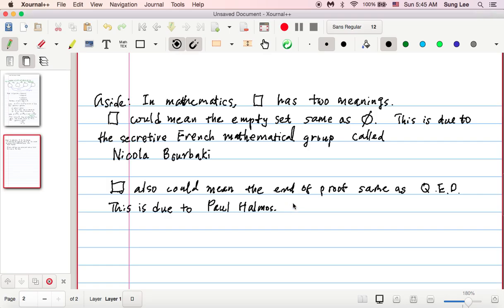So, named after him, it is called the Halmos symbol. Okay, right. So this is just a little aside.